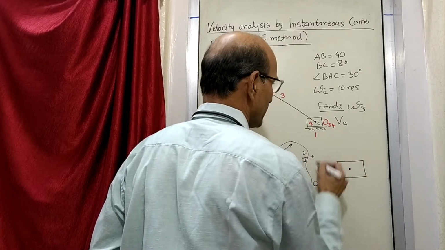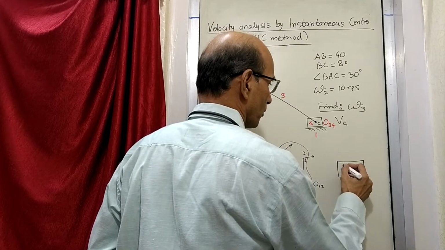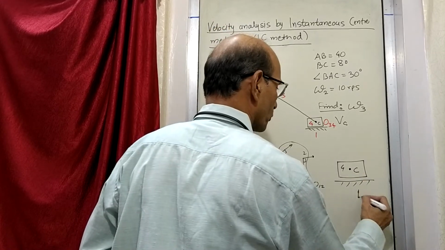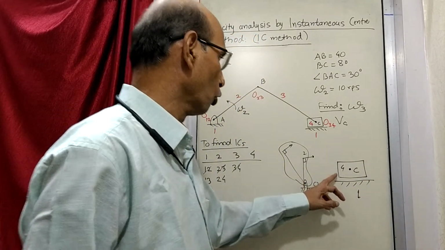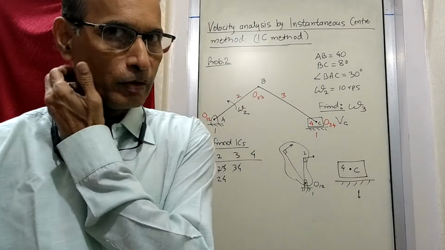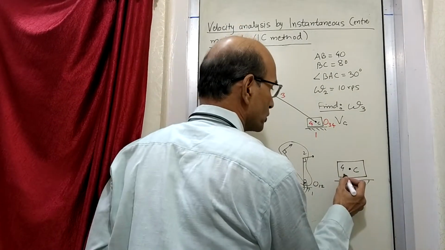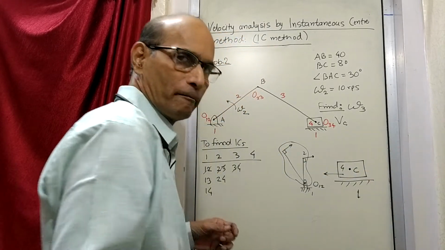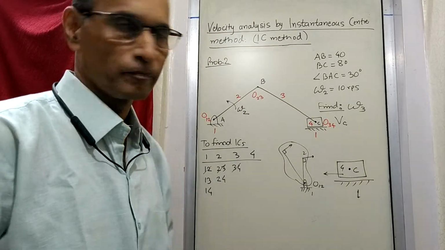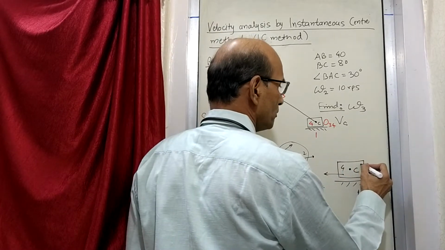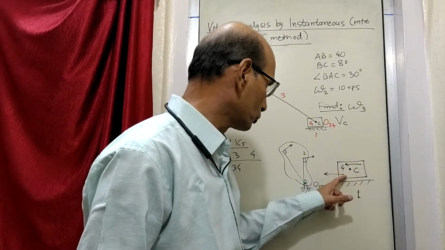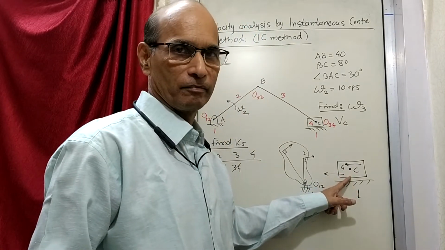There is one slider here which is called number 4, and this is 1, and we are asked to find out where O14 is. So what do we do? What is the velocity of this point? It could be like this or maybe that way, but along the path. What will be the velocity of this point? That also will be like this. So you have got the velocities of two points on the link.